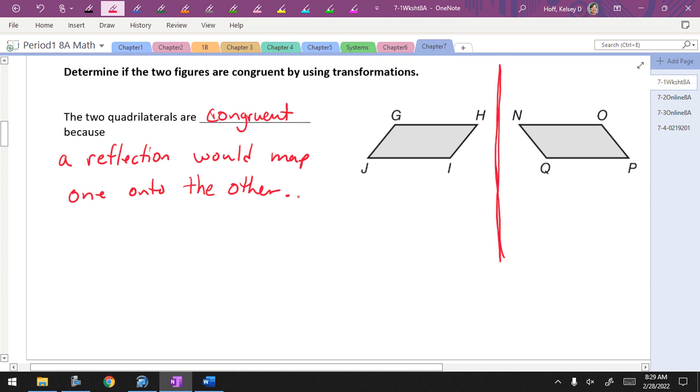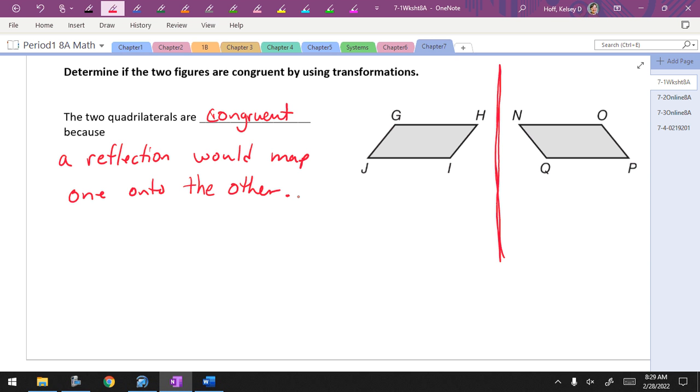Okay. I want you guys to flip it over and try example 2 at the top, all on your own. And then I'm going to ask somebody for their answer. See what you get for example number 2. Are those two congruent?